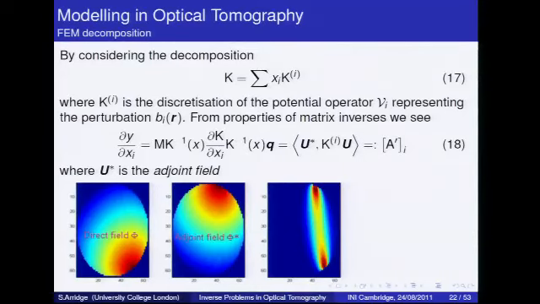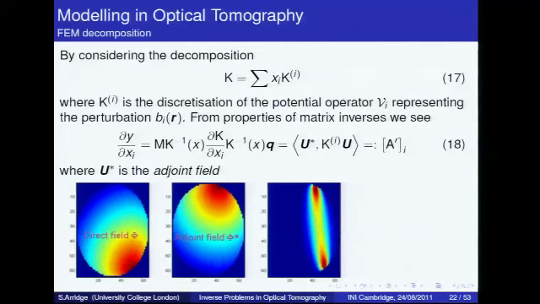Now we differentiate this forward operator, the discretized PDE, and we split it into partial terms, k_i, which is dk by dx_i. And then we have this representation of the first term in the Born series, which is the forward solution. This is now the discretization of the potential at a pixel, and then the measurement.